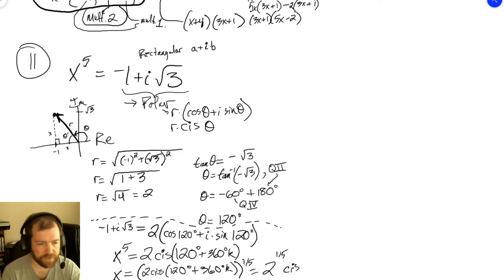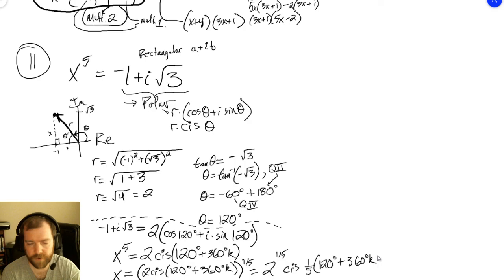There are several reasons for that. We can go over de Moivre's rule some other day. This is mostly just for those of you who have already taken precalculus. So 120 degrees plus 360 degrees k times 1/5.